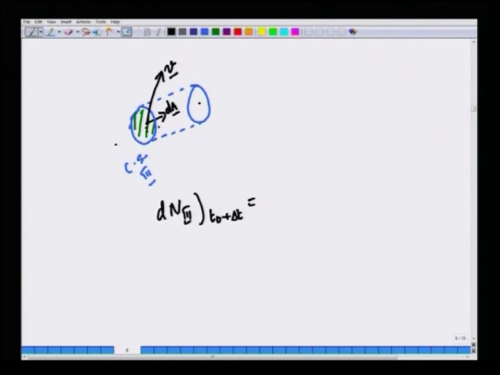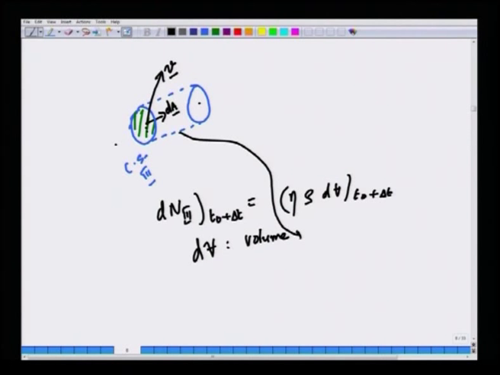So, the change in the quantity such as mass, momentum or energy, because this surface has moved from here to here, is nothing but eta rho dV at time t0 plus delta t, where dV is the volume of this cylindrical element.